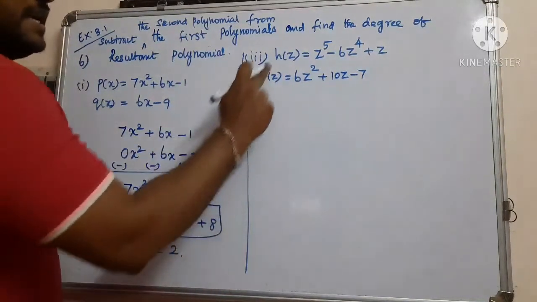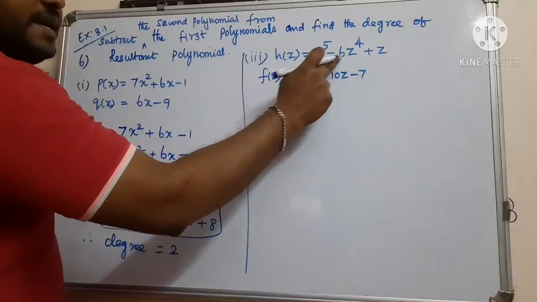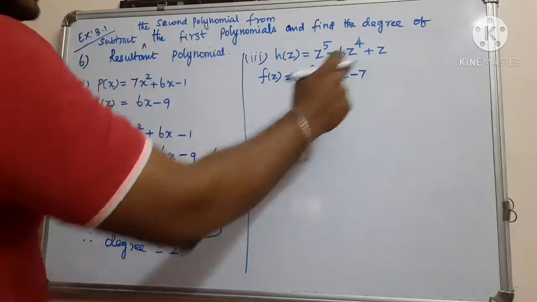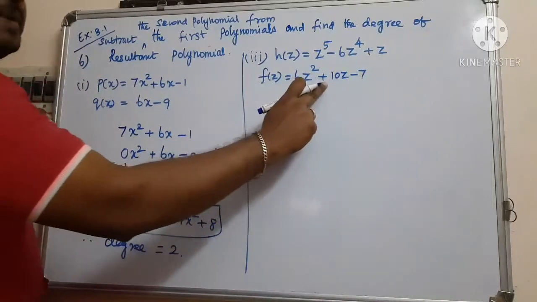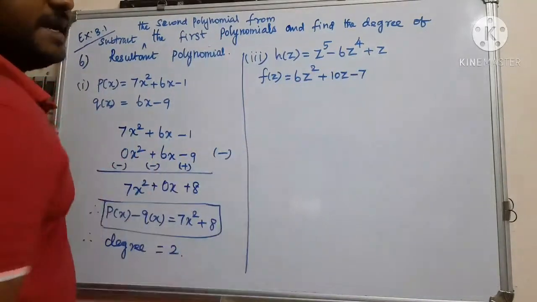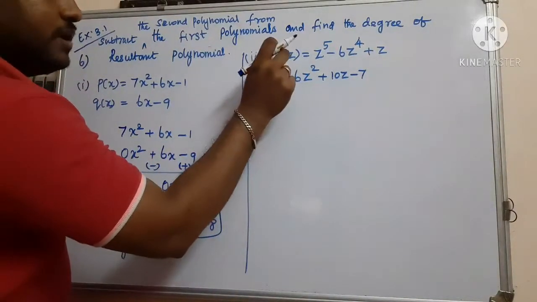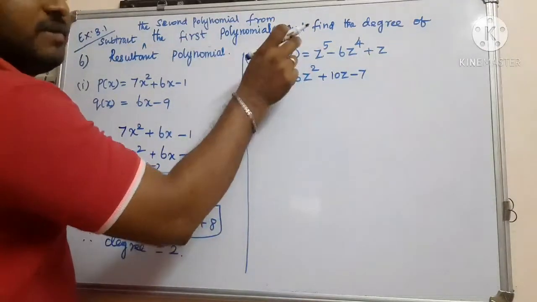Same, third question. h of x is equal to z power 5 minus 6z power 4 plus z. f of z is equal to 6z square plus 10z minus 7. Now you have to subtract the second polynomial from the first one.